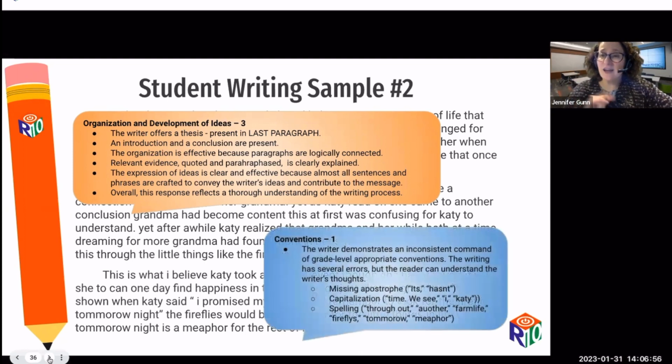This, just like our previous sample, was a 1 on conventions. And so returning to these might be a good exercise to see the difference between a 2 and a 3 with the same missteps or equitable missteps in the convention category.